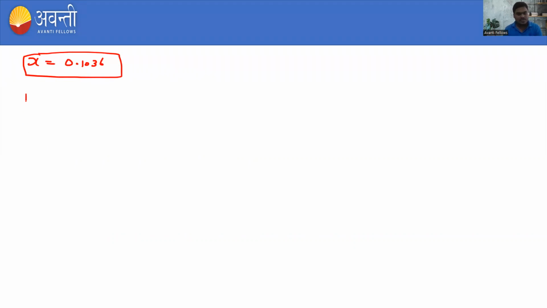Now, in this question, what they ask is to calculate the percentage of free SO3, which is equal to 0.1036 divided by 0.5 into 100, right? So you'll get 20 point something.